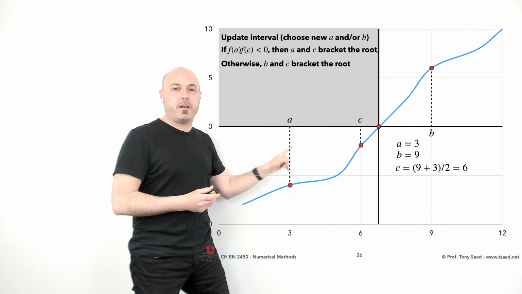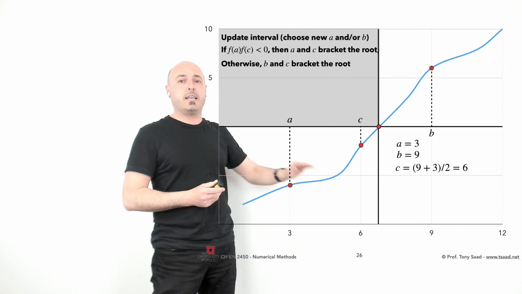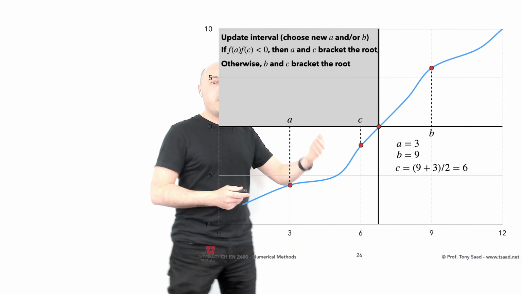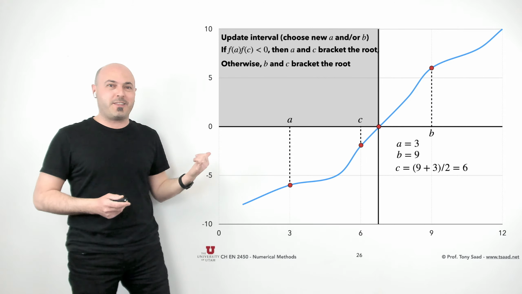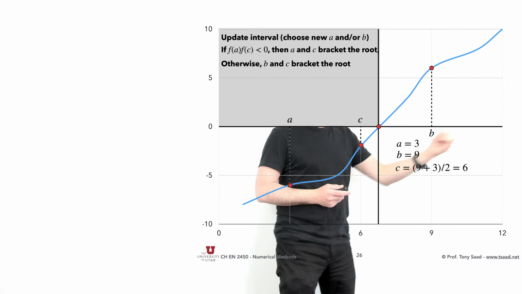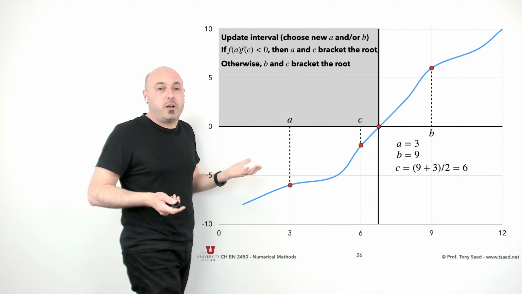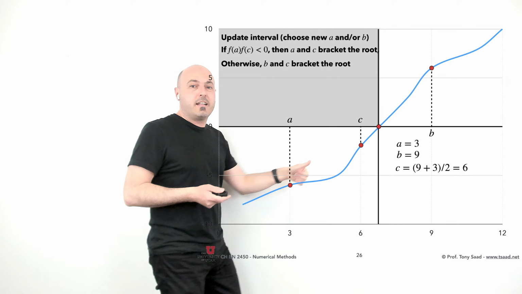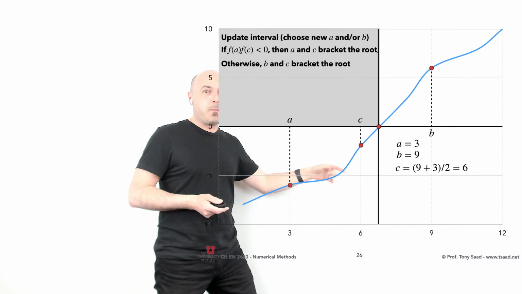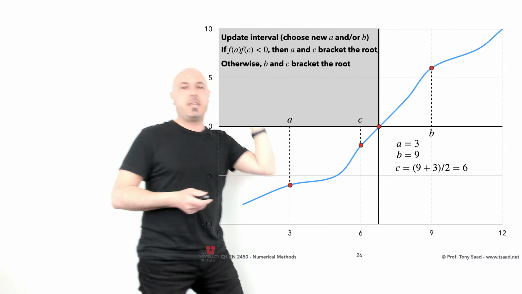So if I take the product of f of A by f of C, it's a negative value times a negative value, and it's going to be positive. So this tells me that A and C are both to one side of the root. If they were on the right side, again, the result would be positive. So if f of A times f of C is positive, then clearly A and C do not bracket the root. And therefore, C becomes my new point to the left of the root, and B remains as my old point.